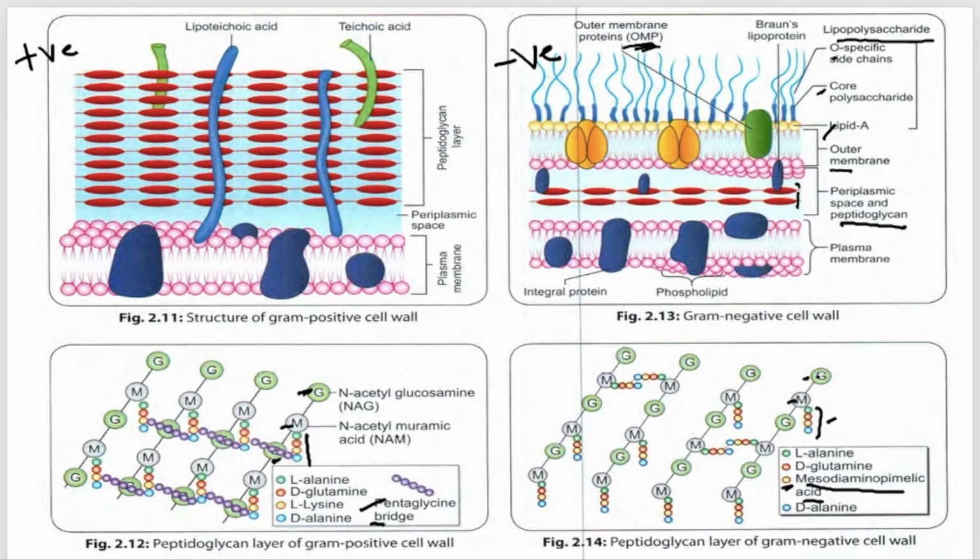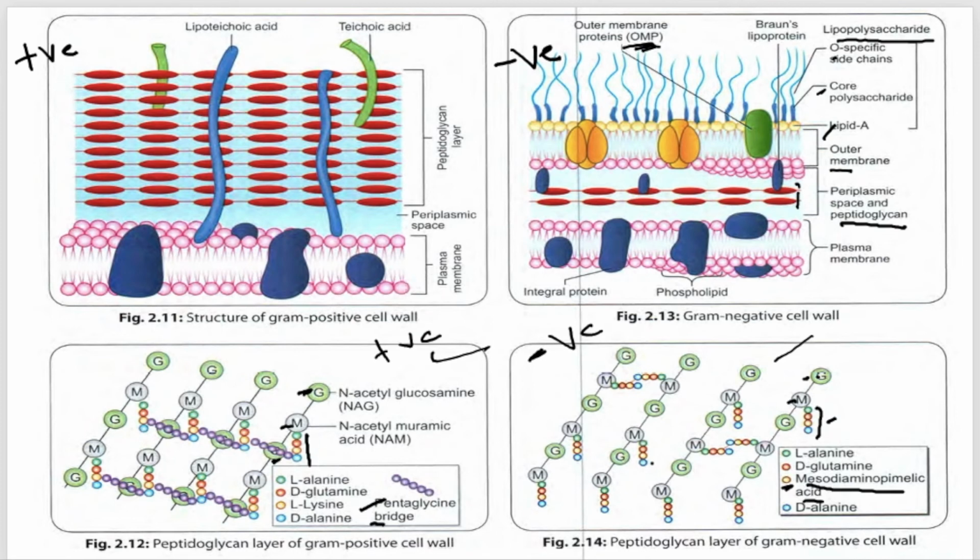We have already discussed the peptidoglycan layer of positive and negative. In the positive, there are NAG and NAM units cross-linked to each other with the help of a tetrapeptide, consisting of L-alanine, D-glutamine, L-lysine, and D-alanine, with cross bridges made of pentaglycine.